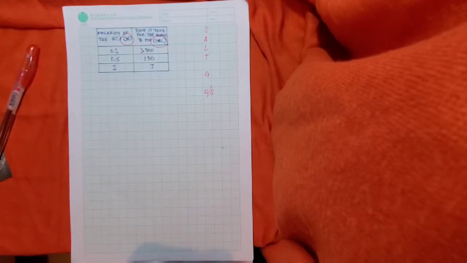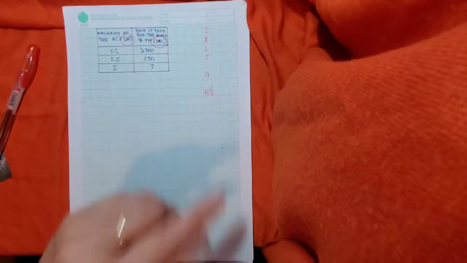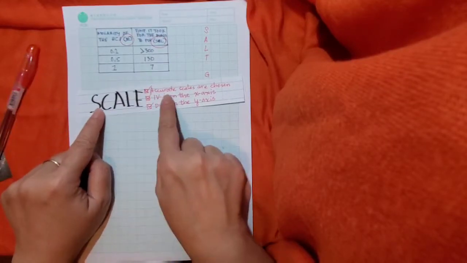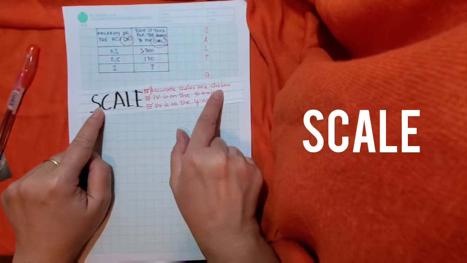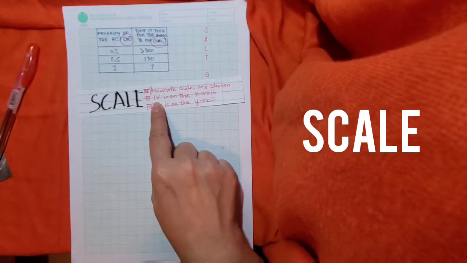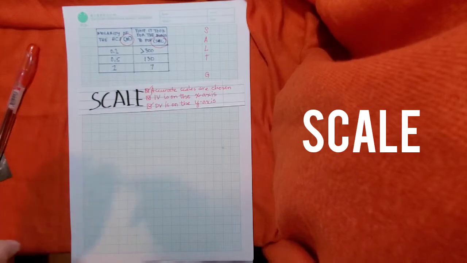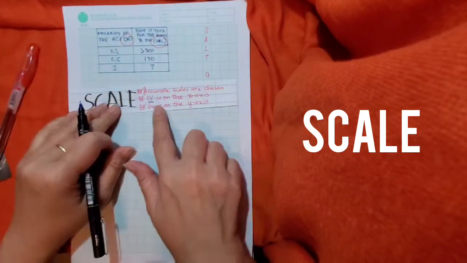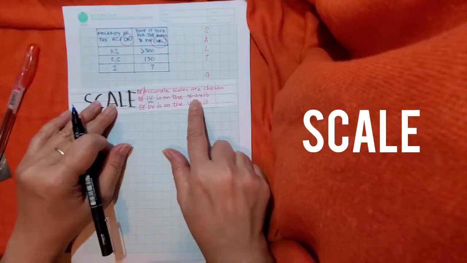Why? Because in SALT graphs, the first thing you look at is the scale, S. And what is scale? Accurate scales are chosen. The IV, what is IV? Come on. Independent variable, and we talked about this. The independent variable is on the x-axis.